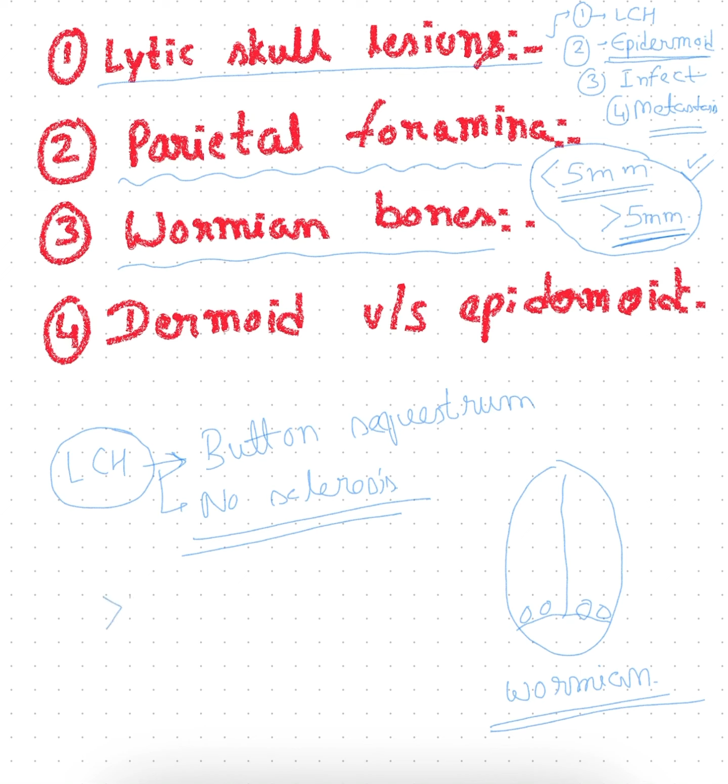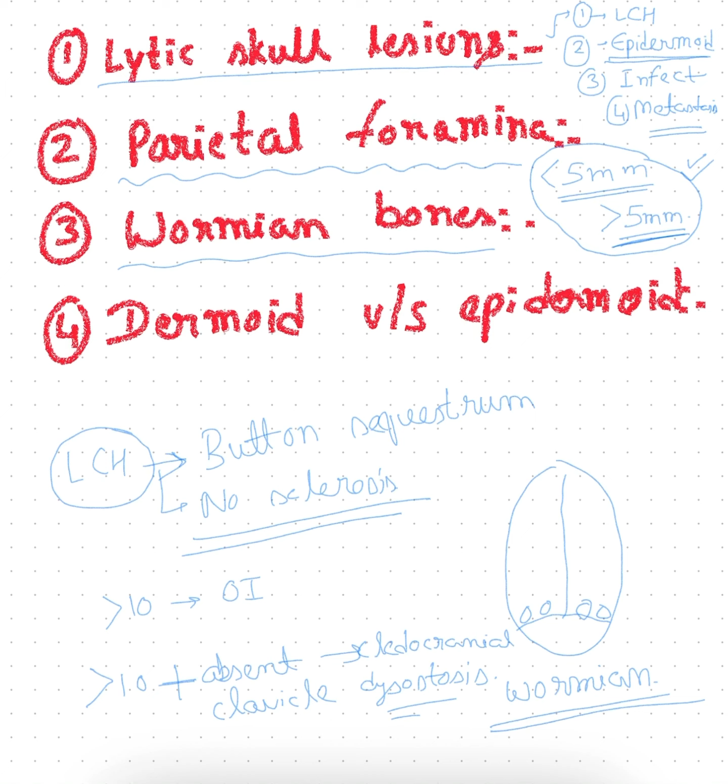If they are more than 10, then it is associated with osteogenesis imperfecta. And if they are more than 10 and associated with absent clavicle, then we should suspect cleidocranial dysostosis. So by the numbers we can differentiate them or rule out the etiology.